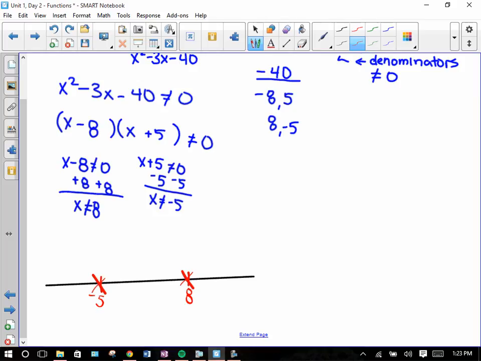Alright, so my domain is equal to negative infinity, way down here, all the way up to -5, or any number between -5 and 8, or 8 to infinity.